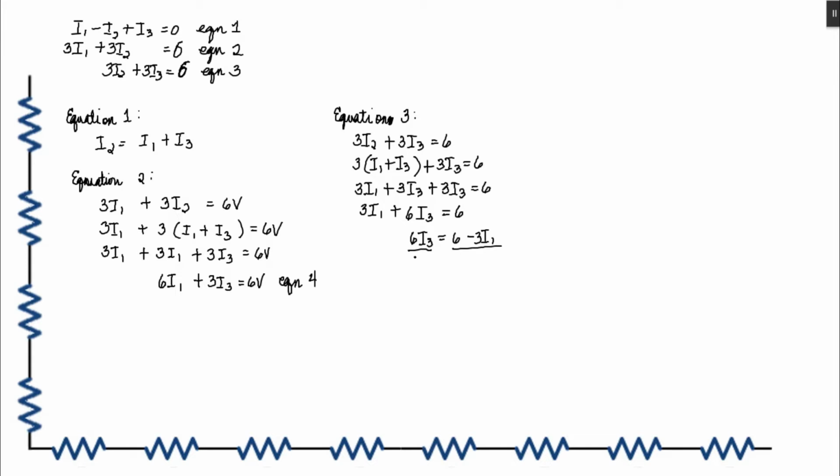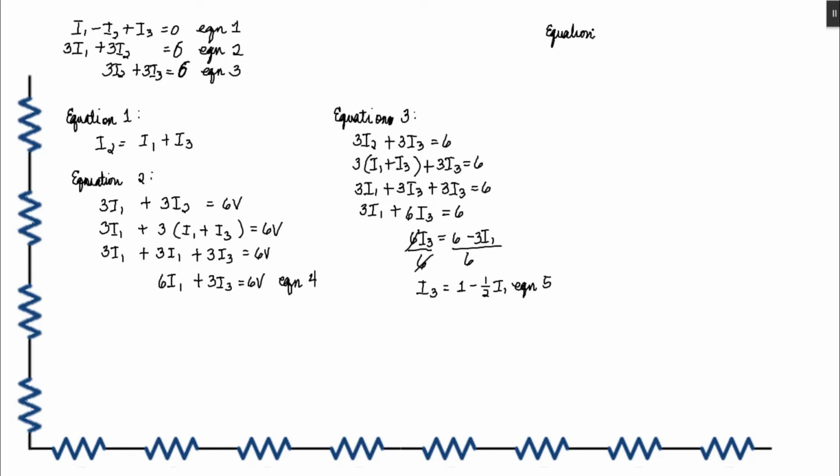Divide po natin both side by 6. So, ang I sub 3 po natin ngayon will become 6 divided by 6, that is 1, and 3 divided by 6, that is 1/2 ng ating I sub 1. And this is our equation number 5. And this equation number 5 will be used to substitute I sub 3 from our equation number 4.